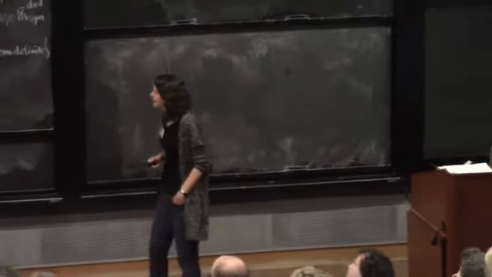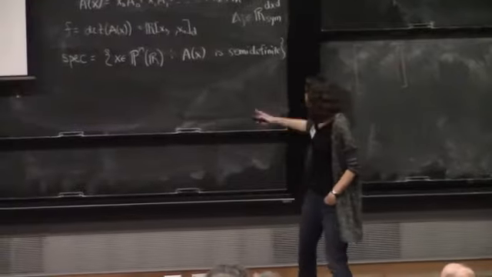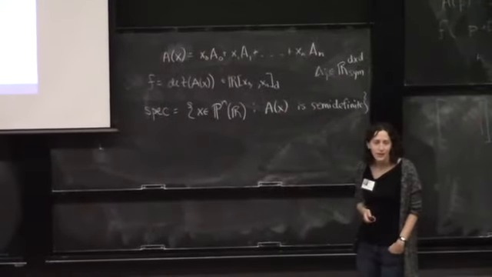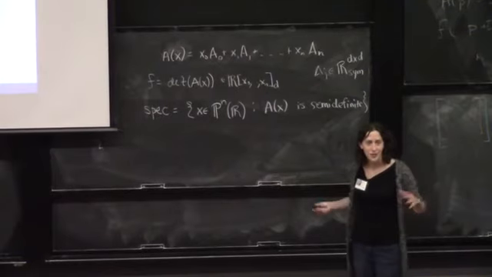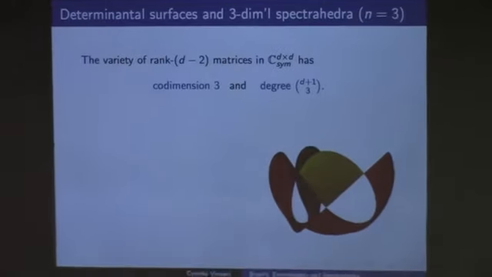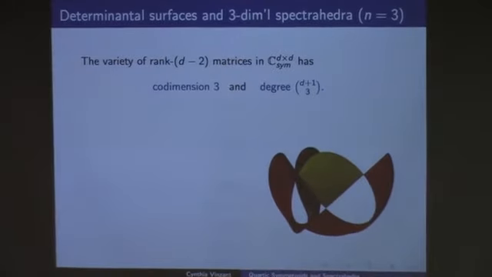Now I want to increase the dimension of the linear space. So here n was 2. Now we're going to go to n equals 3 and look at things in 3-dimensional ways. Interesting things happen when you take larger dimensional linear spaces of matrices, because you start picking up matrices of lower rank.